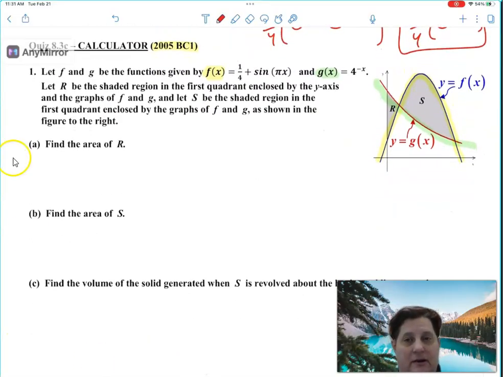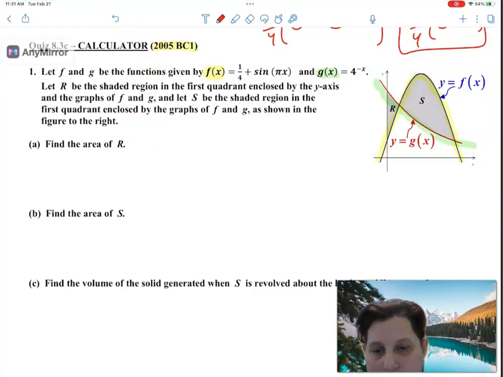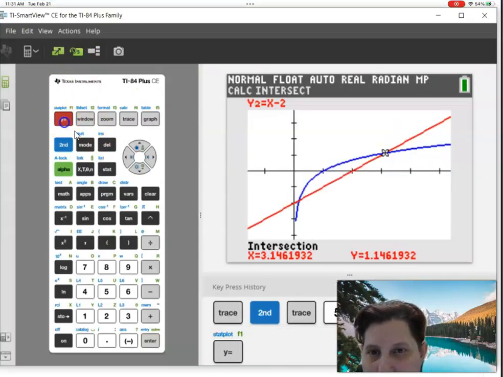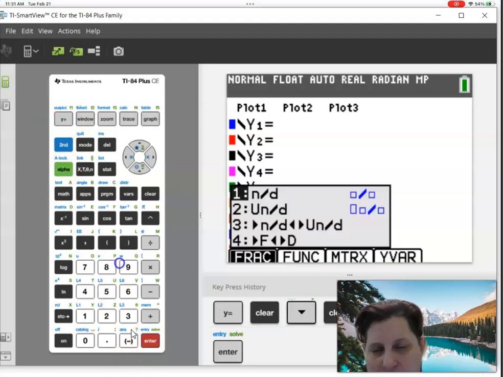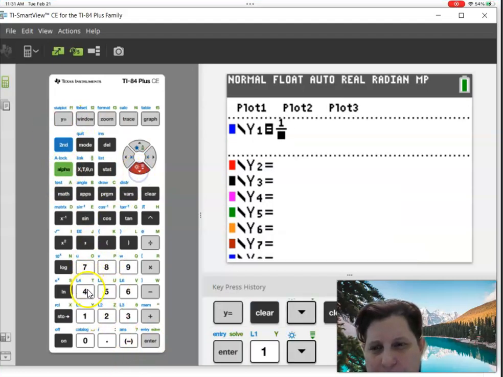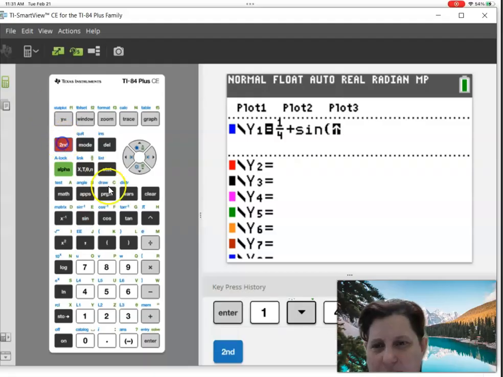All right, guys. So step 1, let me go put this into my calculator. Let's go into the y equals. Okay, 1/4. I always like to just do alpha fraction. It's just easier. Plus sine pi x.